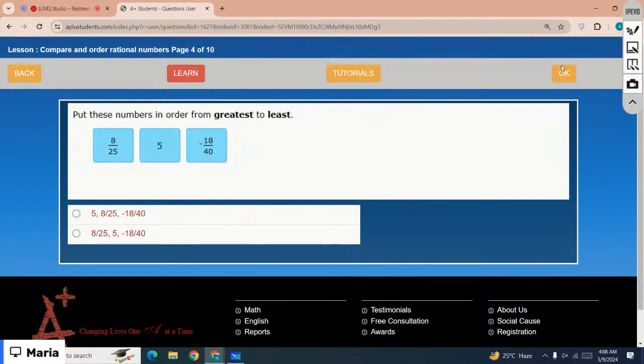Yes, that's option number one. 5, 8 over 25, and then negative 18 over 40 is the correct option.